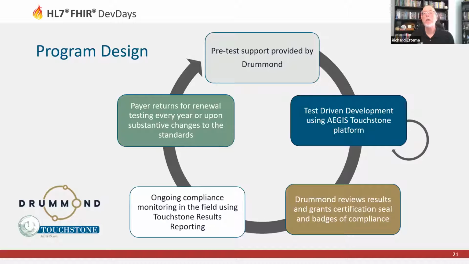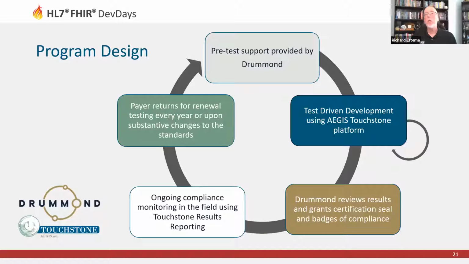Once you're into that test-driven development cycle, you can iterate through it, going around and around, basically pre-certification: start testing, make sure things work, examine your results, go back, maybe rework some things, keep testing again. At some point, you're going to be ready and you're going to notify Drummond and say, okay, I'm ready to go through the actual certification run.